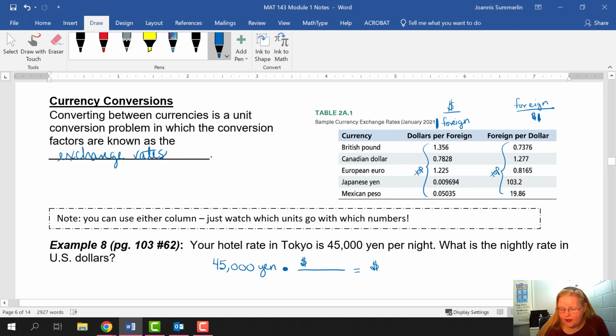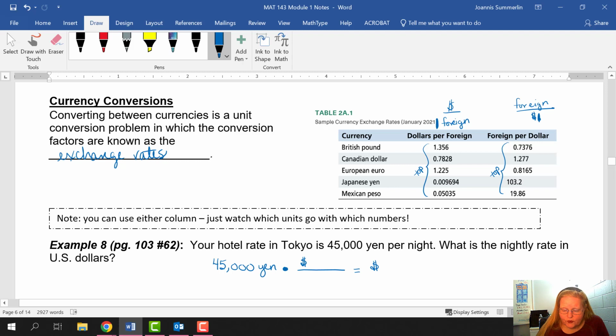If that's the case, we want our dollars to be on top. That's this column. So we want our yen to be on the bottom. So I go where Japanese yen is. This puts the dollars on top. So this is my dollars number on top, but my Japanese yen is the foreign that goes on the bottom.